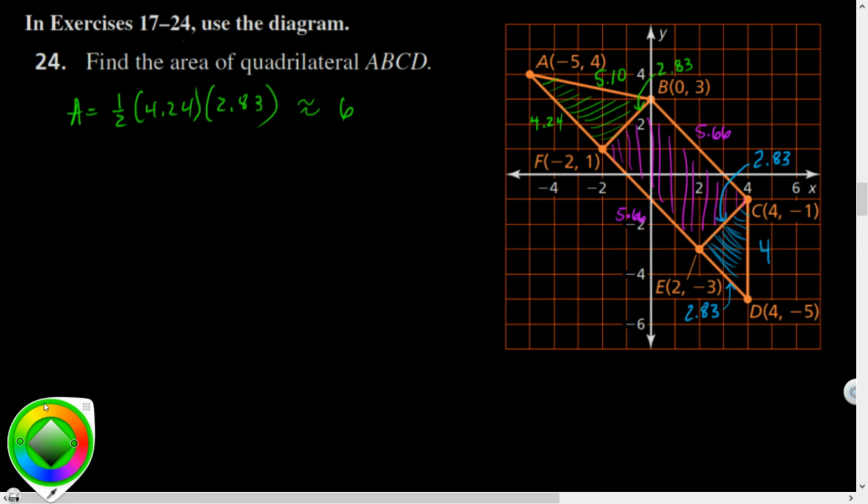Multiply by that, divide by 2, I get 5.9996. So it works out to be 6. This one actually has an area of 4, which is intriguing. And this one, it's perhaps more obvious that I could take this triangle and add it here, and this triangle and add it there.